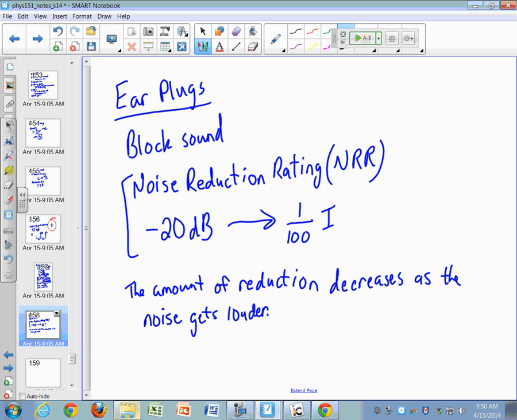So these earplugs will work up to a certain point, but as your sound gets louder and louder, they become less effective. Despite what their noise reduction rating is, that reduction begins to tail off as the sound gets louder and louder.